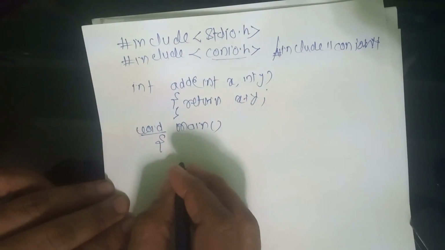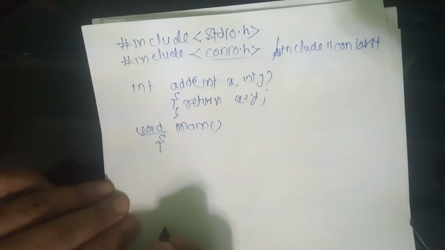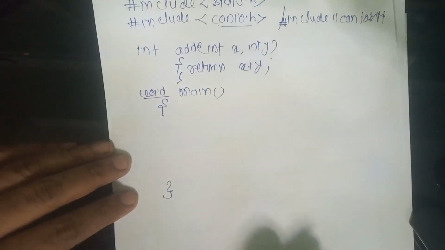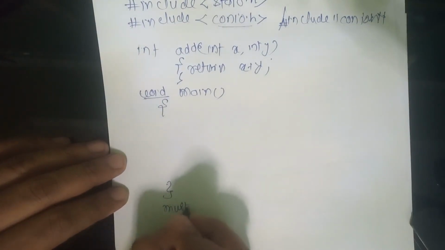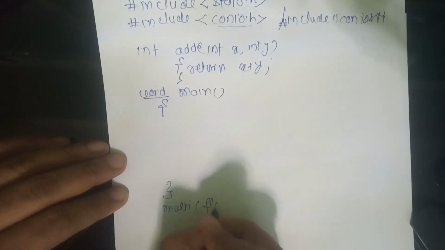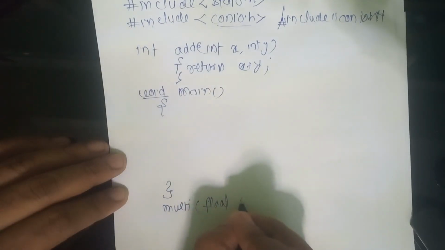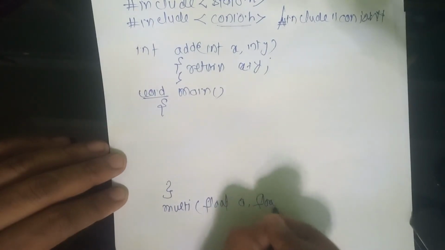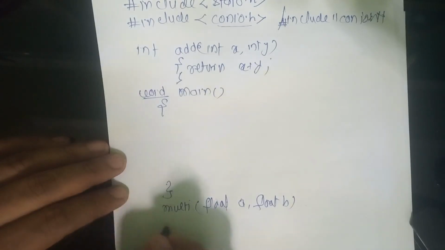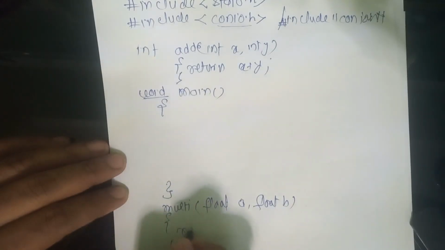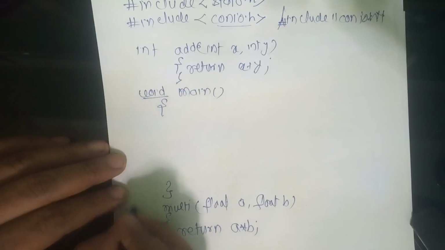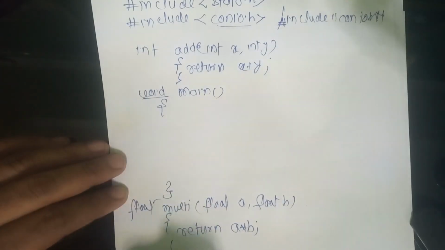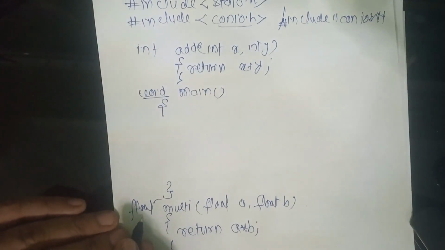And after that, here we are defining one more function which is returning a non-integral type value, like multiplication. You want to multiply two floating point values, float a and float b, and the result would be return a into b. So here the result will also be floating point, which we have to indicate with the help of the return type.